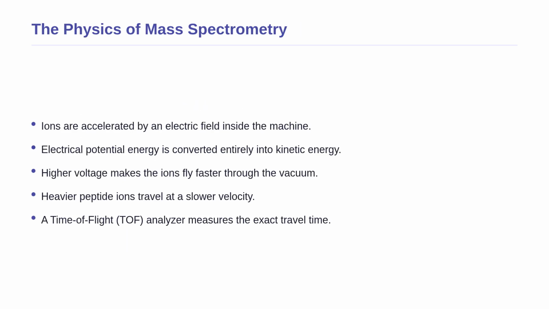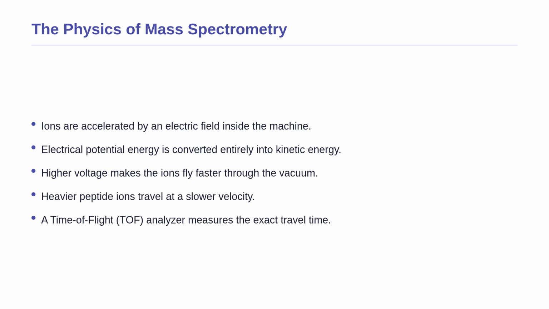Now that we have calculated a basic ratio, let us look at the actual physics of the machine in action. When an ion is accelerated by an electric field, the electrical potential energy given to it is completely converted into the kinetic energy of its motion. If we increase the voltage applied by the machine, the velocity of the ion will increase, meaning it will fly faster.